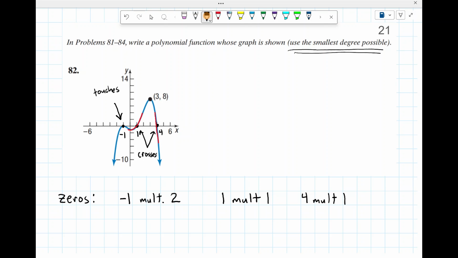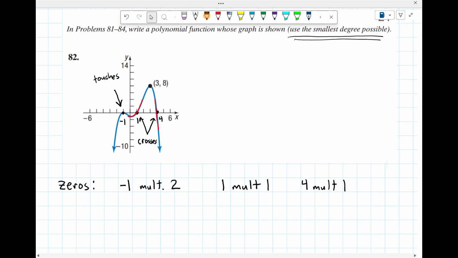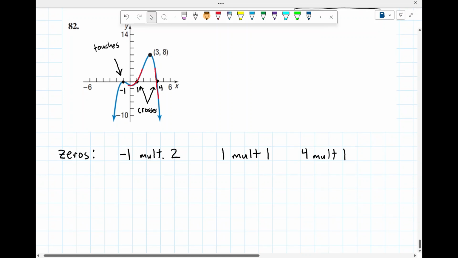Once we have identified all of the zeros, we are going to be able to write this polynomial in factored form. However, one thing you always need to do is start with the lead coefficient of a, which at the current time we do not know what it is.